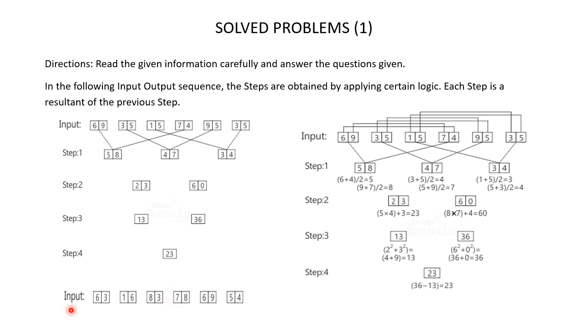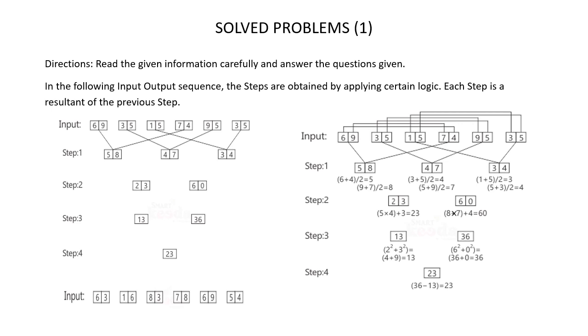Now you are also given another input here which consists of 6 numbers. Each of the numbers is written inside a box and each number is split into its respective digits. So here first you have to find the pattern followed here to get this particular output for the given input.